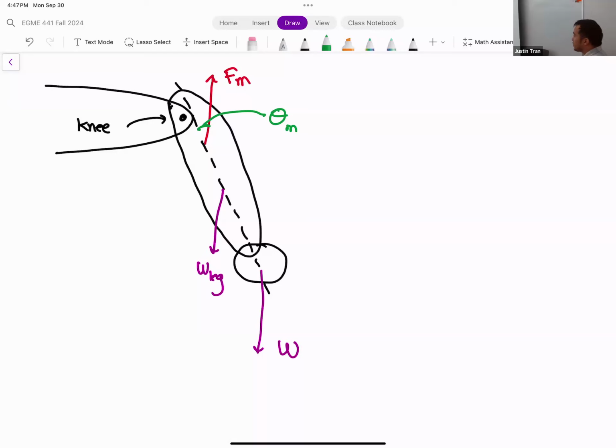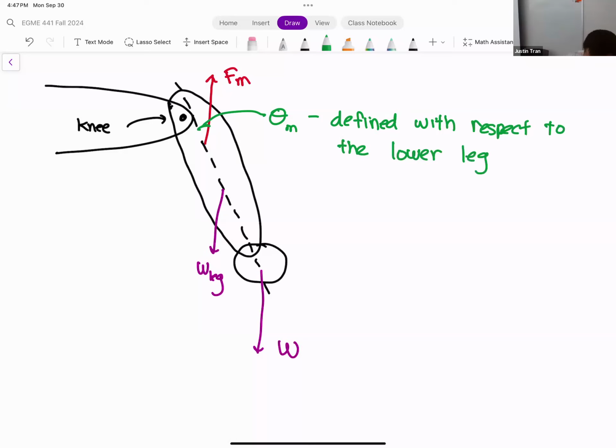This is a little bit more traditional here, and so you can see this theta m is defined with respect to the lower leg. Okay. So this is more typical, compared to the last example where we were giving a weird angle. Okay.